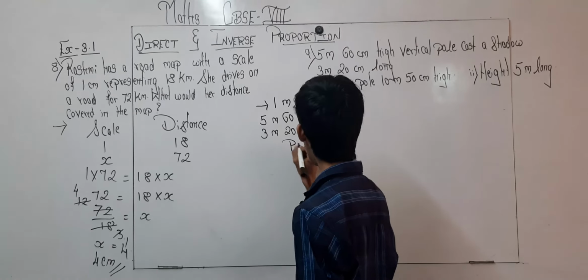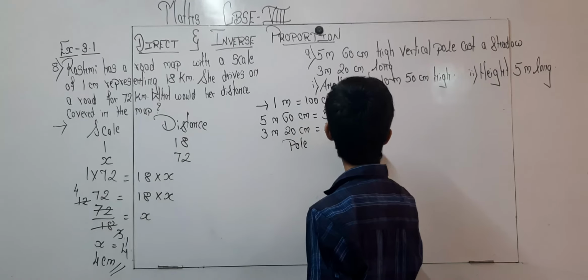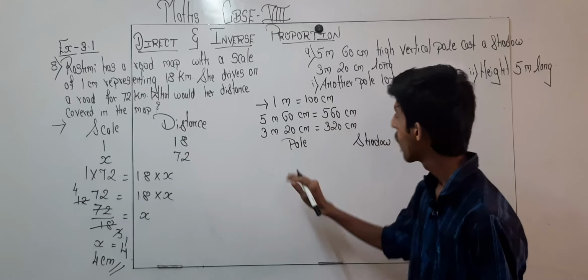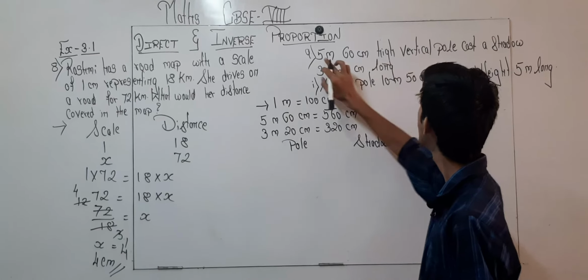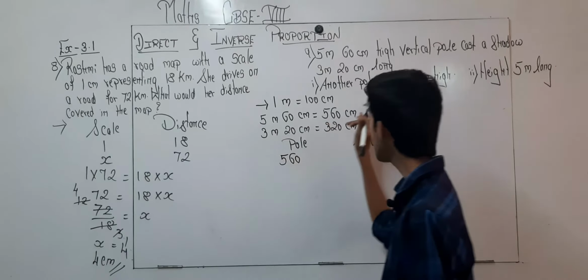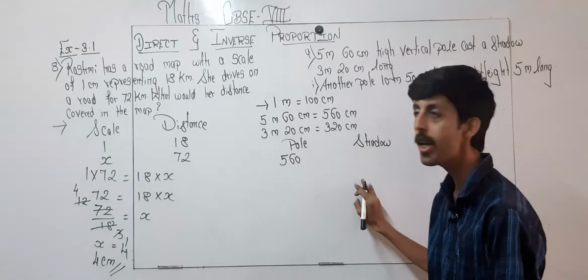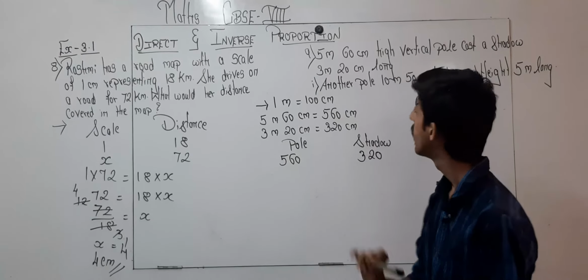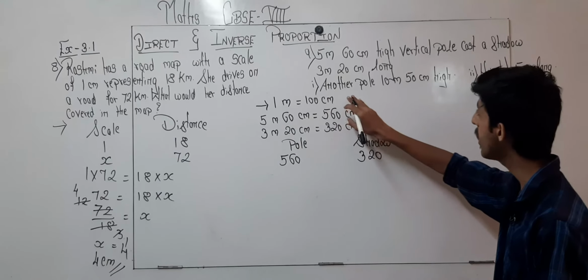Now over here a vertical pole and a shadow are there. The pole height is 560 centimeters, and the shadow we have also converted into centimeters. Both should be in centimeters, so 320 centimeters. Now what is being asked in the question?